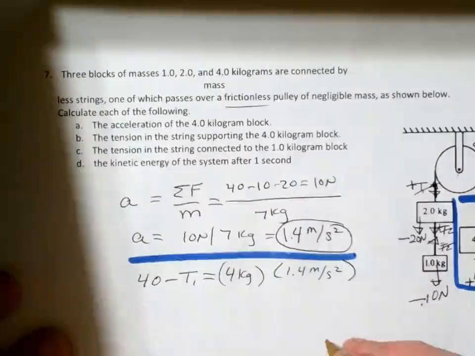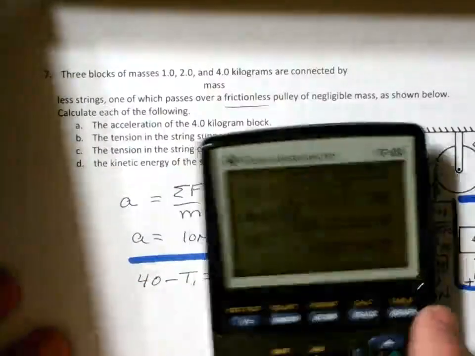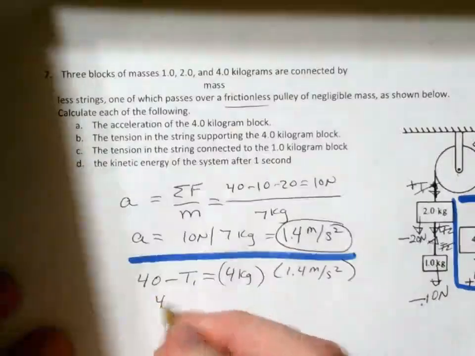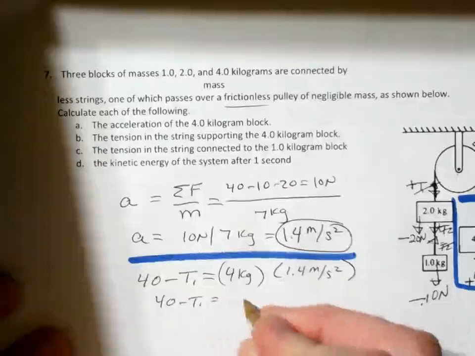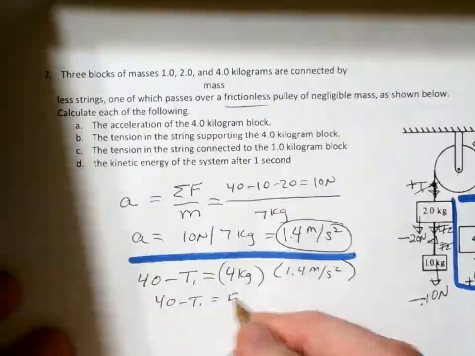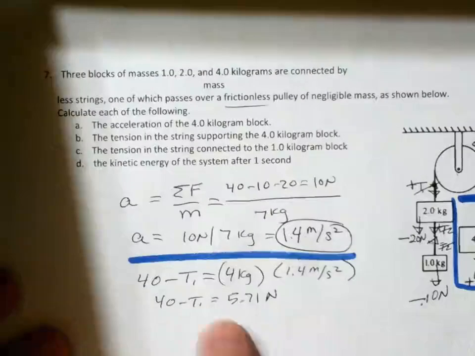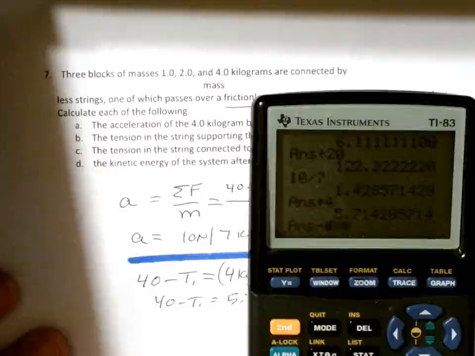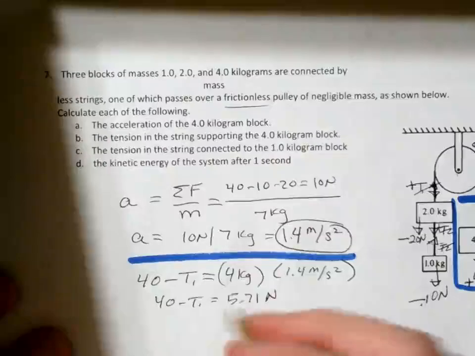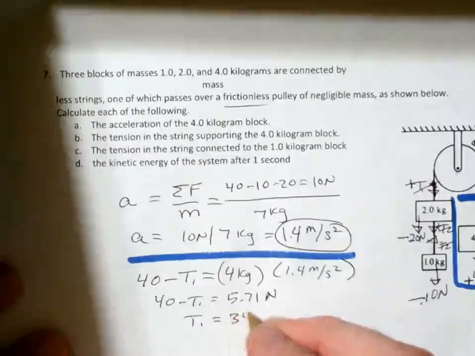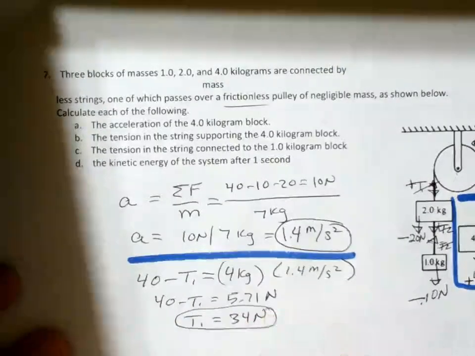That's Newton's second law. So we only have one thing that we don't know, so we can multiply the acceleration by 4. So 40 minus the tension is equal to 5.71 newtons. If we do a little algebra, we could just say minus 40 and then change the sign in our head. The tension is equal to 34 newtons-ish, rounded off.